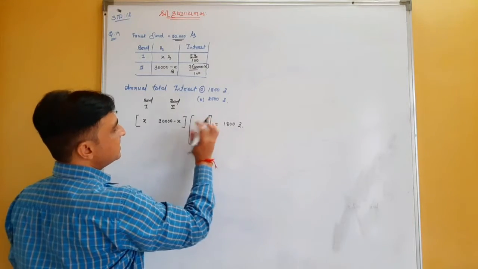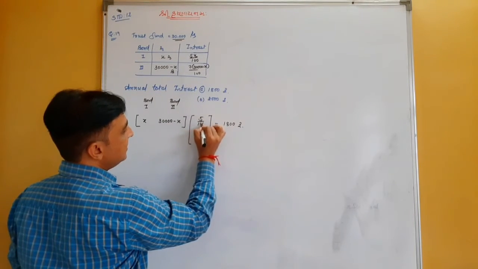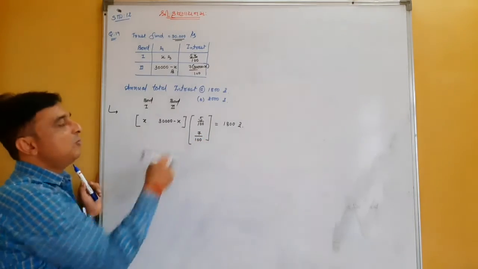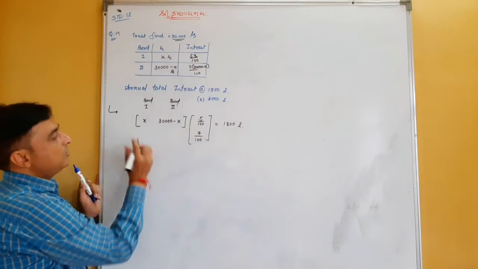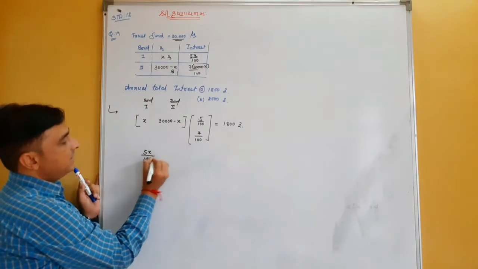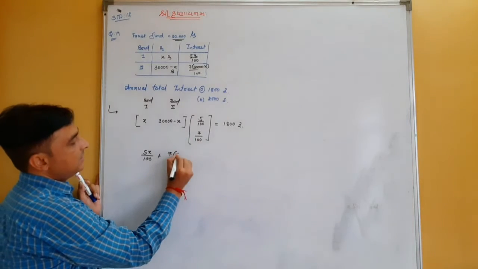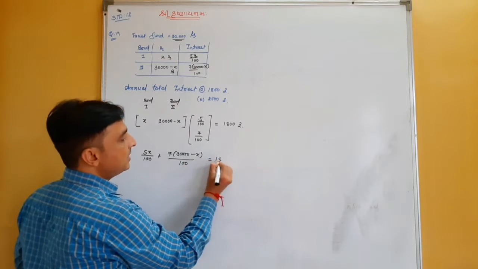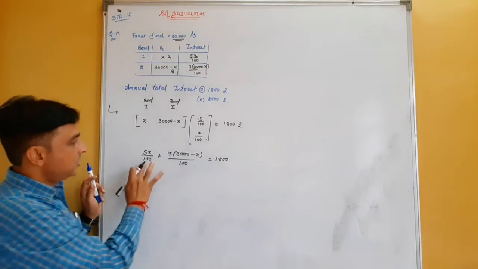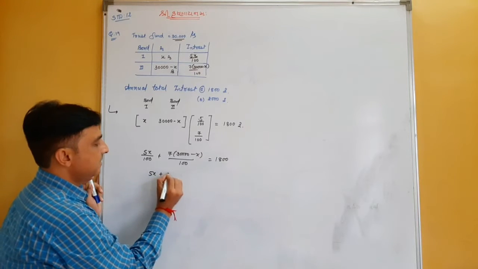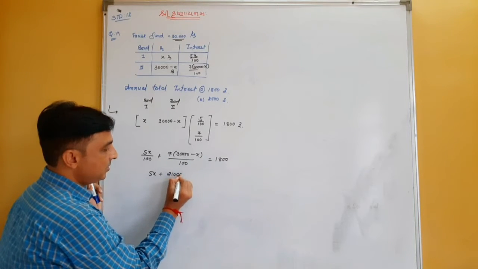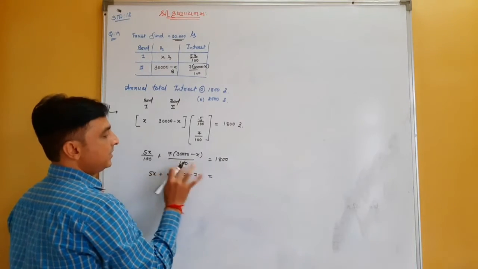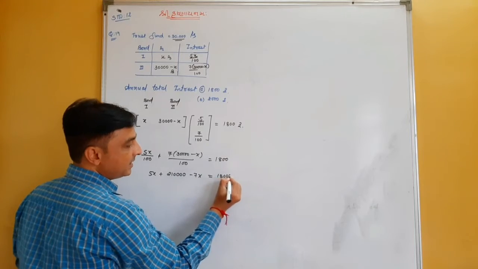So 5% means 5 by 100 and 7% means 7 by 100. Now make a matrix multiplication, 5 into this, so 5x by 100 plus this one, 7 into 30,000 minus x by 100 equal to 1800. So 100 common and multiply with this. 7 threes are 21. 2 lakh 10,000 minus 7x equal to this 100 multiply here 1 lakh 80,000.